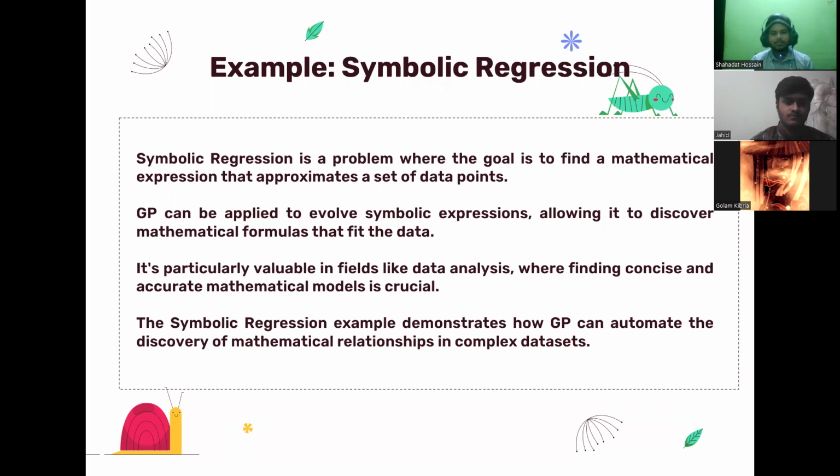Genetic programming can be applied to evolve symbolic expressions, allowing it to discover mathematical formulas that fit the data. It's particularly valuable in fields like data analysis, where finding concise and accurate mathematical models is crucial. The symbolic regression example demonstrates how genetic programming can automate the discovery of mathematical relationships in complex data sets.